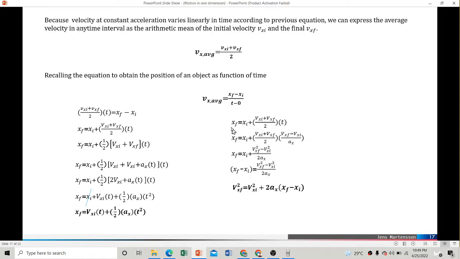Okay, so we know that our average velocity is equal to xf minus xi over t.